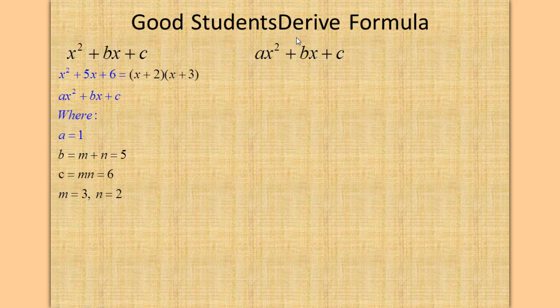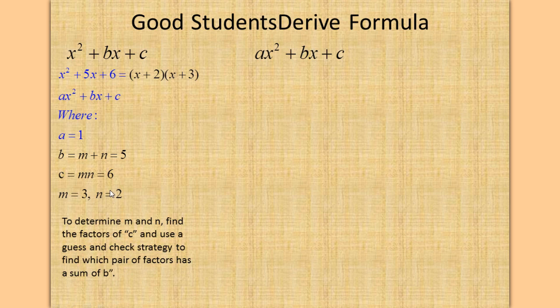So previously we had x squared plus bx plus c, where a was equal to 1. There's a 1 right there. So what we did was, we factored this equation and we came up with x plus 2 times x plus 3. Where a is equal to 1, we have m plus n equals 5, and c equals m times n equals 6. M is equal to 3 and n is equal to 2.